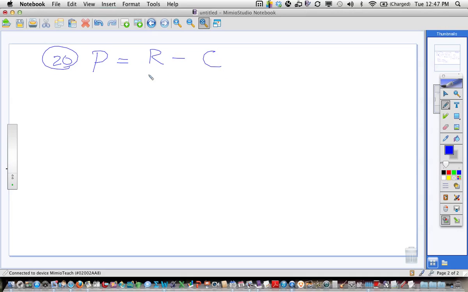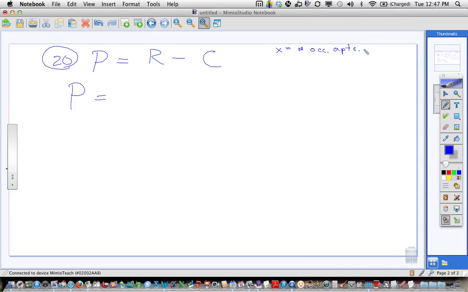Okay, so let's start with our revenue, our rent. Now, the problem with this one is, what are we going to let X equal? Well, what would the normal thing be to let X equal? Number of units, right? Number of apartments that are occupied. So the normal thing to do here would be to let X be number of occupied apartments.